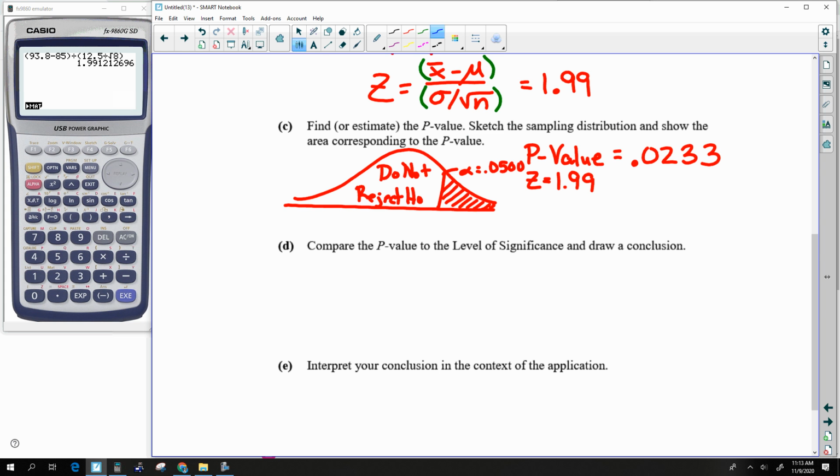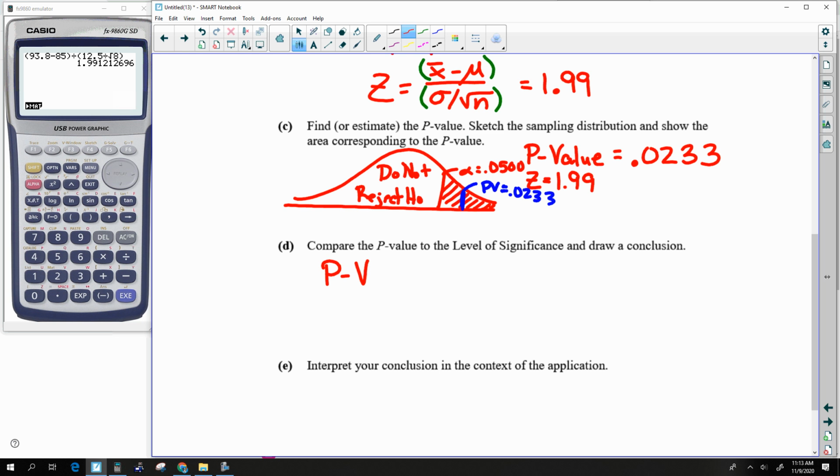So putting the p-value on that, I notice that the p-value is way smaller, so the distance from the edge is shorter, so it doesn't get as far as the do not reject. So the p-value is smaller, so that's 0.0233. It's shorter from the edge.